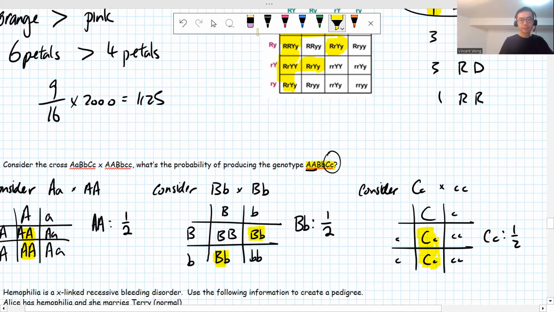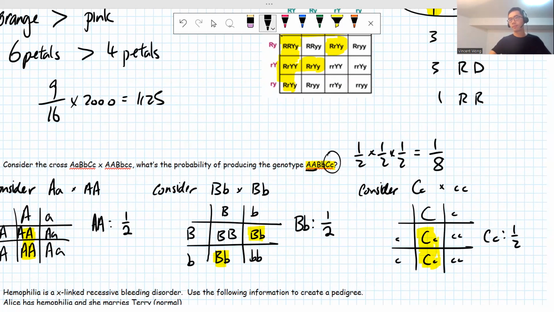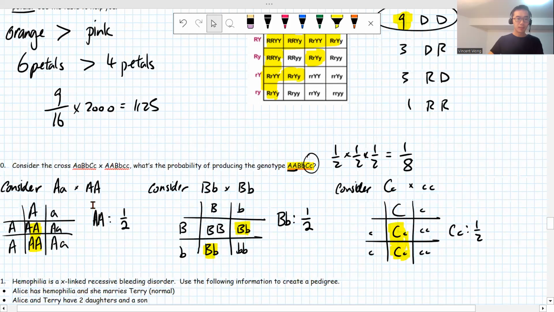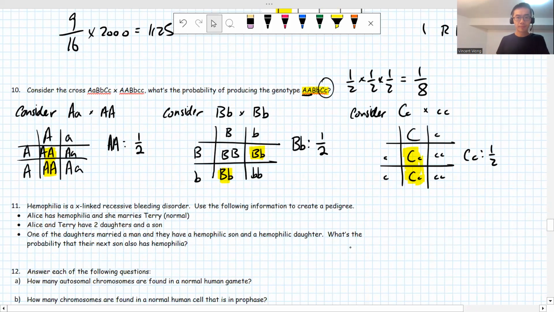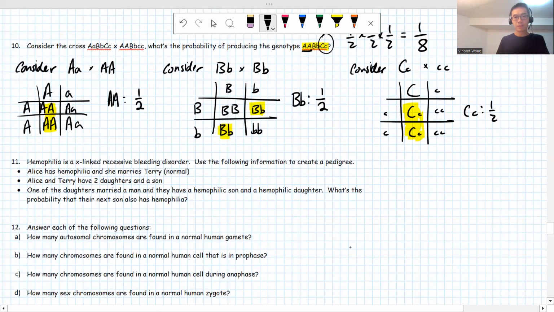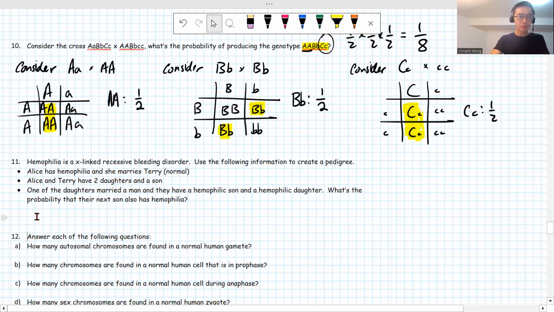So in total it is half times half times half, which is 1/8. That's how you do it. There's no need to do a big table. If you find yourself doing the big table, you're doing it wrong.